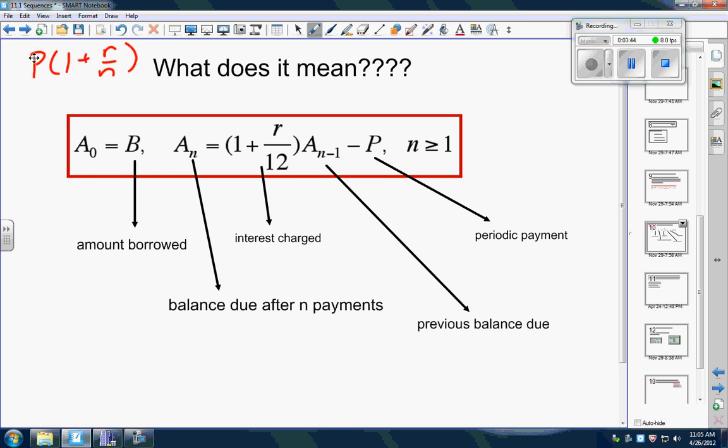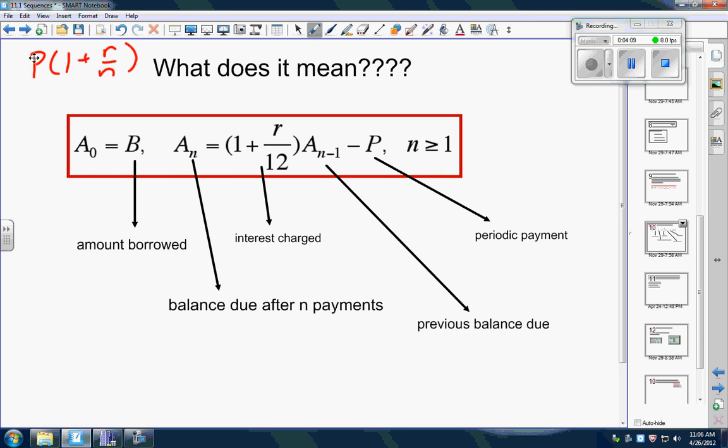Okay, so it depends on what you had the month before. So we said A sub, or anything sub n minus 1 means the previous term. So we're going to charge you interest on the previous month. So in June, if you're making a payment in June, they're going to charge you on all the money you owe at the end of May, and then you're going to subtract this p-value here, which is your periodic payment.